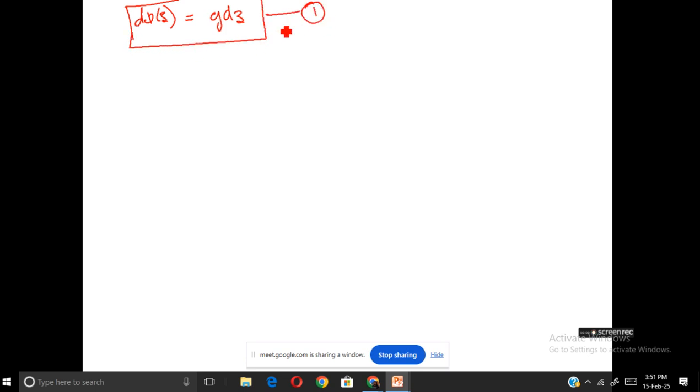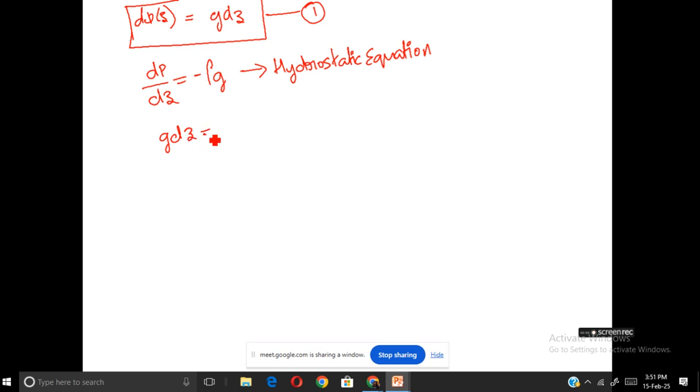Now let's write it in different terms. First, dp by dz is equal to minus rho g, the hydrostatic equation that we are already familiar with. From this, g dz can be written as minus dp by rho.